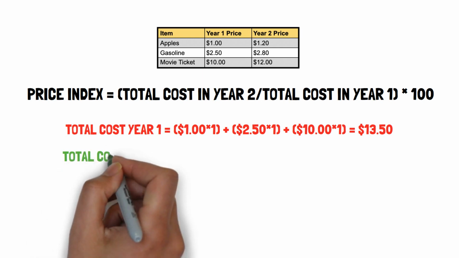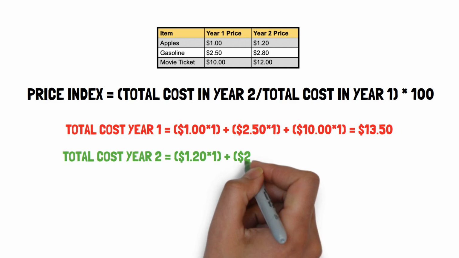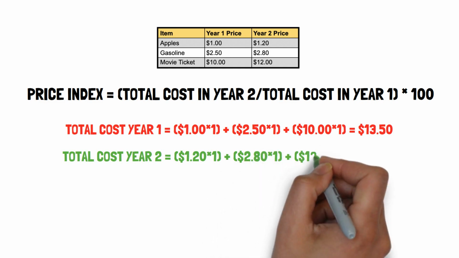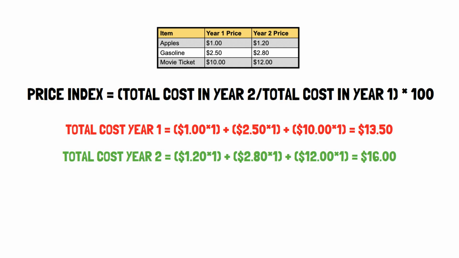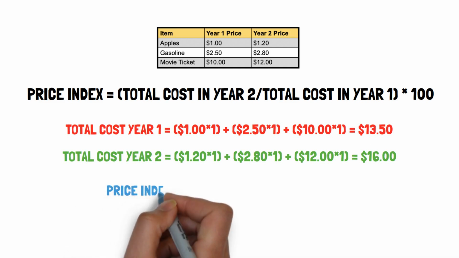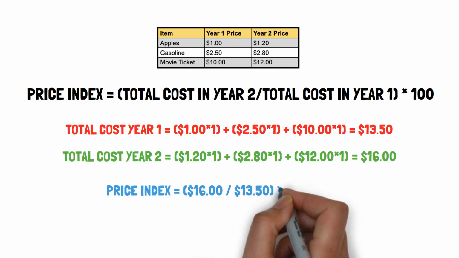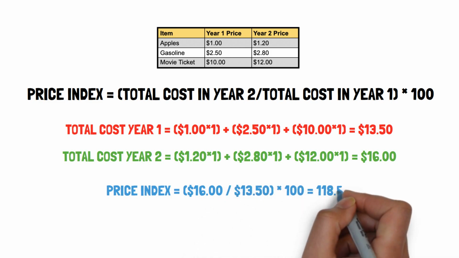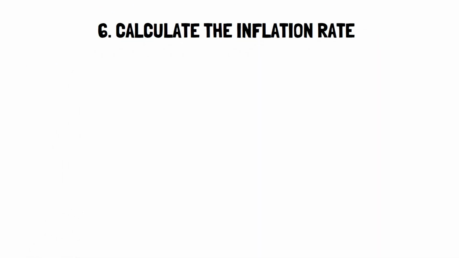Total cost of market basket in year 2 equals $1.20 times 1, plus $2.80 times 1, plus $12 times 1 equals $16. Price index equals $16 divided by $13.50 times 100 equals 118.52.